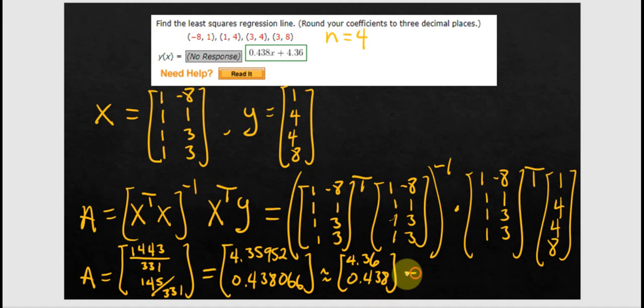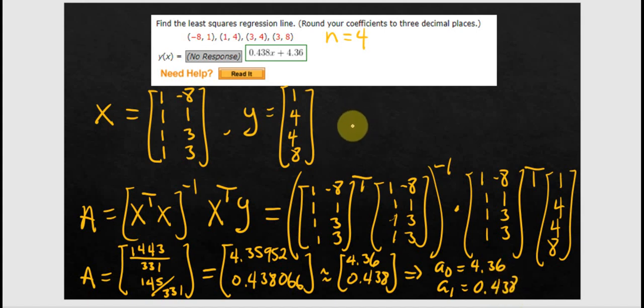So again, that's the matrix A. We have the A naught is that top number, 4.36, and then the A sub 1 is the 0.438.